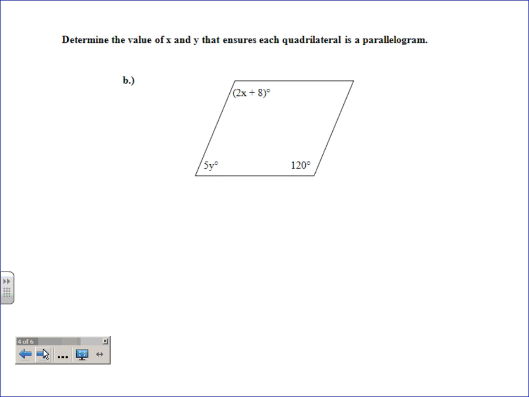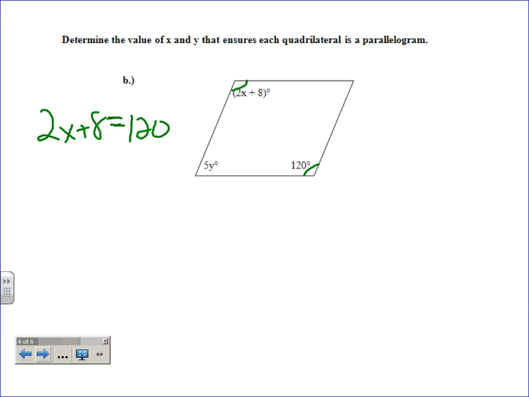So instead 2x plus 8 is equal to 120. Solve for that. Okay, pretty close. That's good.